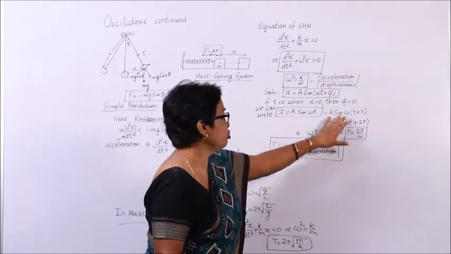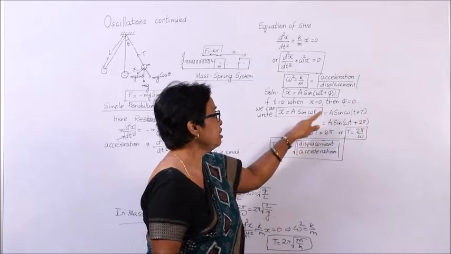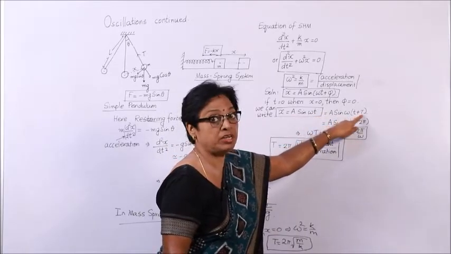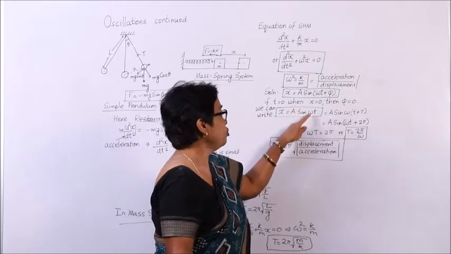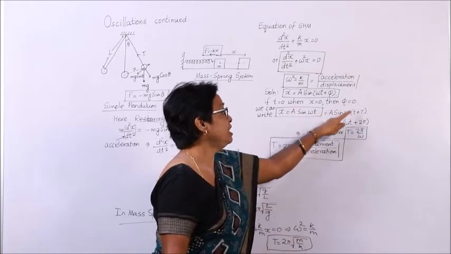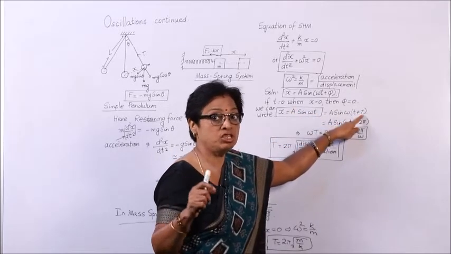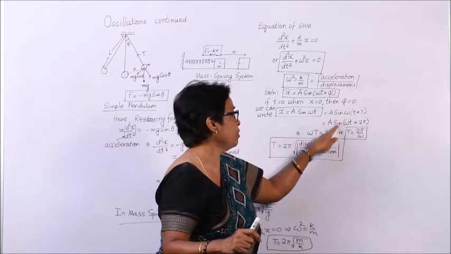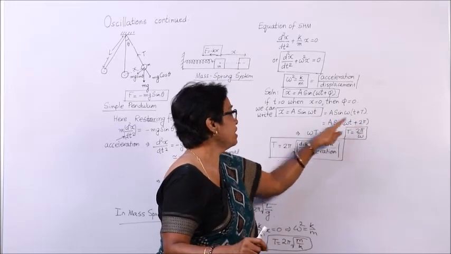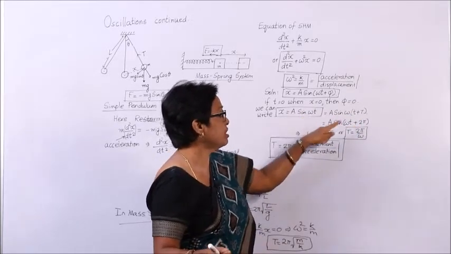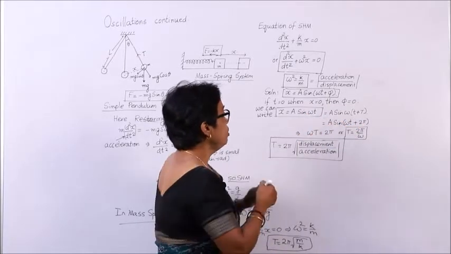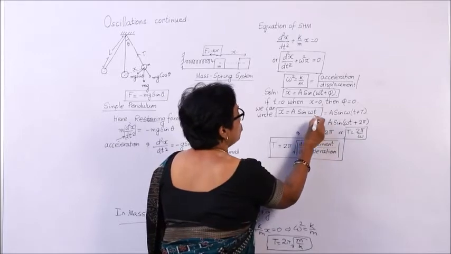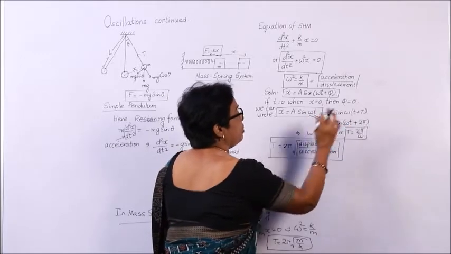If this is the solution, you see that this is periodic, that means it has a time period capital T, which we have already defined. So a sin omega t must equal a sin of omega (t plus capital T). But we know that sin omega t repeats after a 2 pi interval. So a sin omega t is equal to a sin(omega t plus 2 pi).